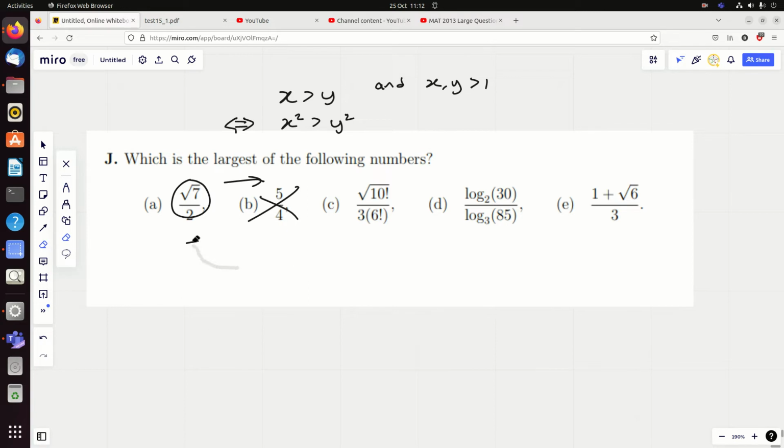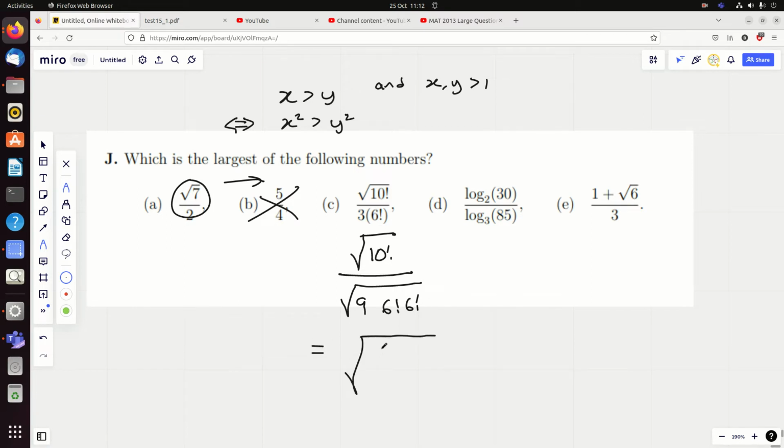Okay, I went to this next and I thought, well, what I'll do is I'll treat this as 10 factorial over the square root of... I thought I'd square that, 9, and I'd square that, so I'll times it by itself like that. Then I can put it in a single square root, and this was quite fun to do, over 9 times 6 factorial.